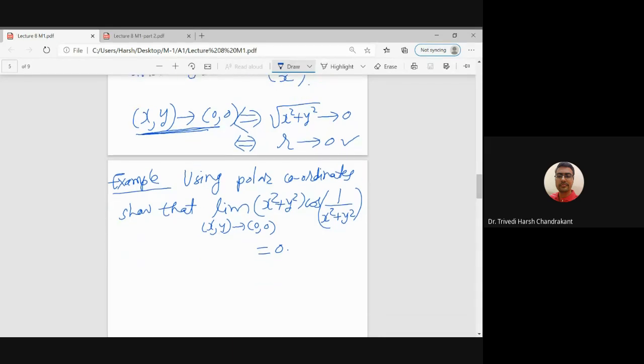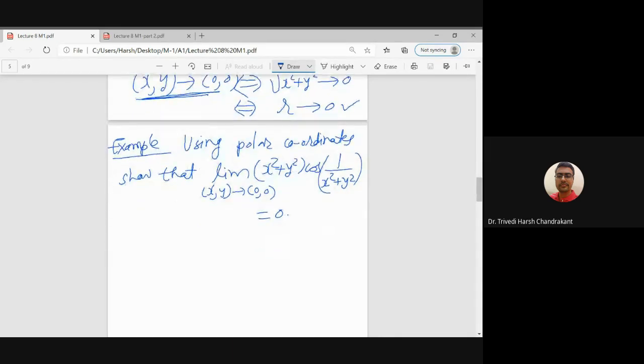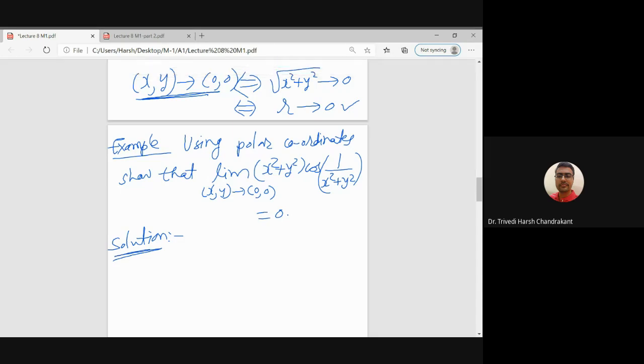So we want to show this limit. It is essentially the last example, where we have just replaced the sine function by the cosine function. Let us see if we can show that using substitution of polar coordinates.